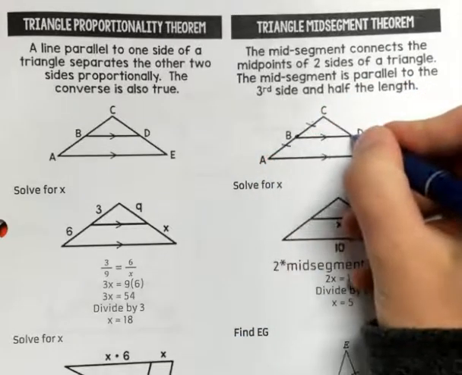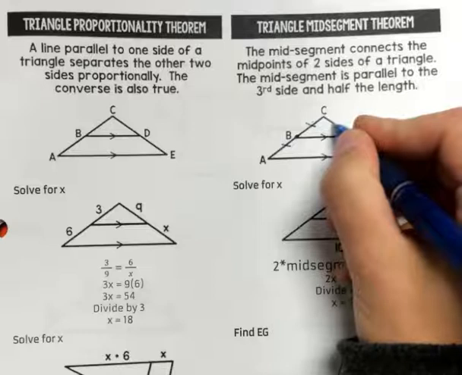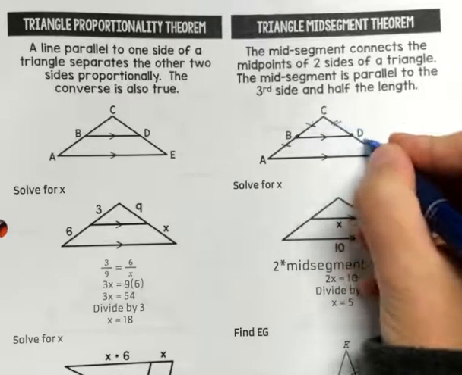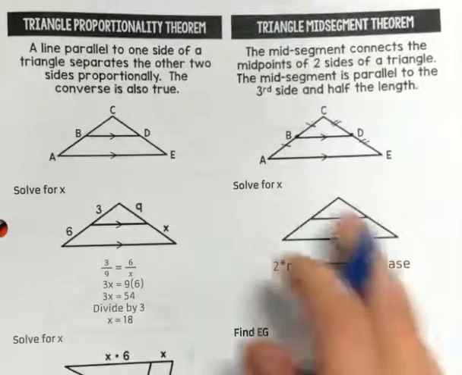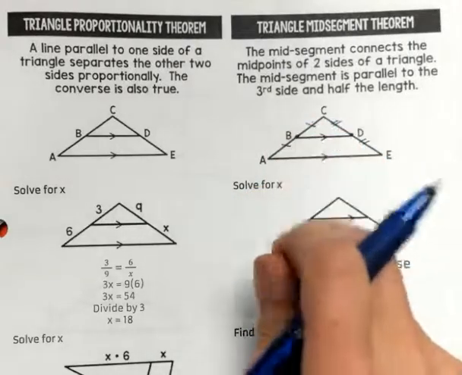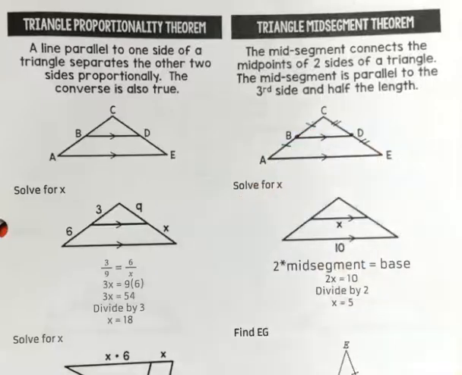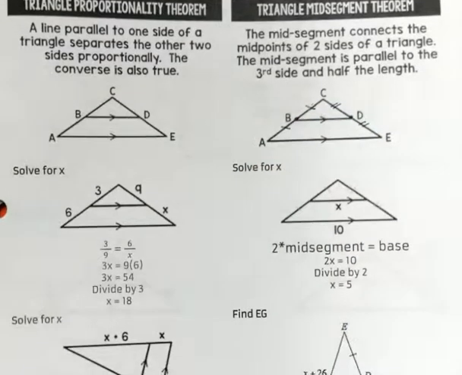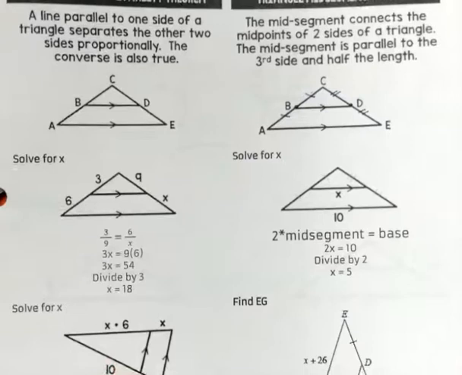And I connect it to the midpoint on the other side, which means this piece and this piece are the same length. And then that line that's connecting my midpoint to my midpoint is parallel to the base of my triangle. So let's see how that works, okay?